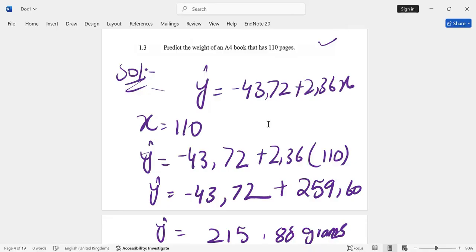This is the required answer, the predicted weight of an A4 book that has 110 pages.